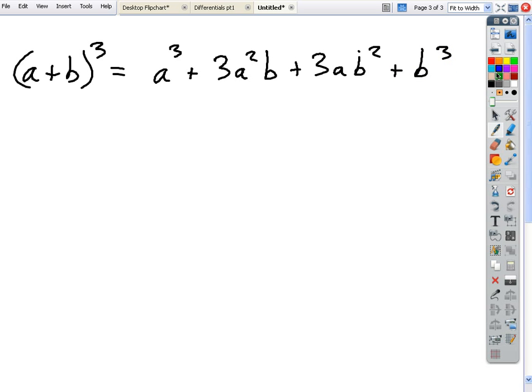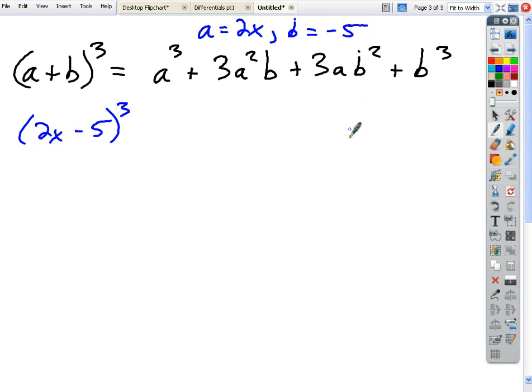Okay, so let's try an example then. What is 2x minus 5 cubed? So I guess we got to answer the question then. What is a and what is b? A is 2x, b is negative 5.